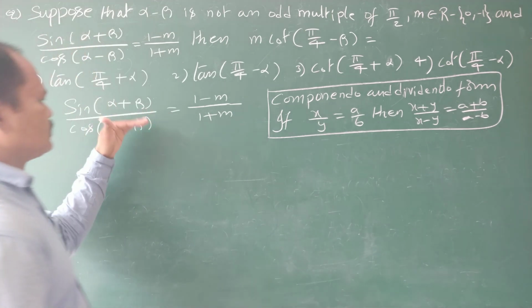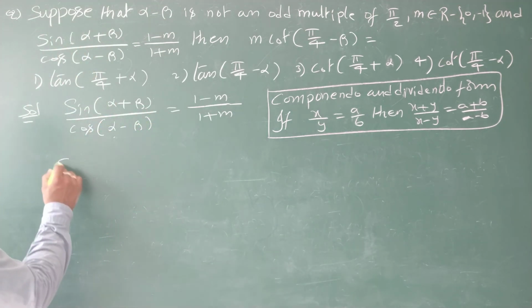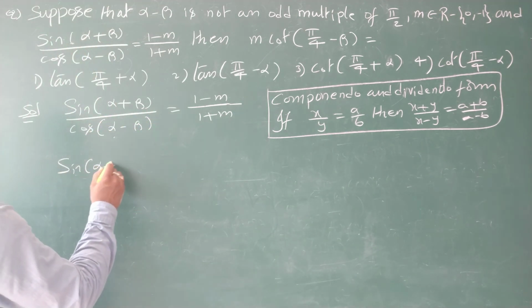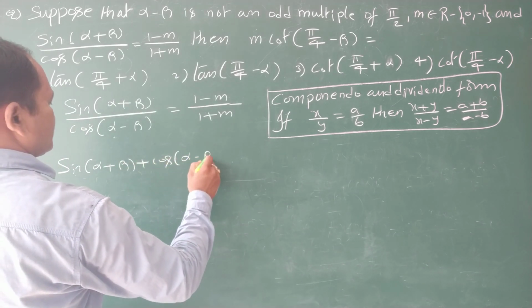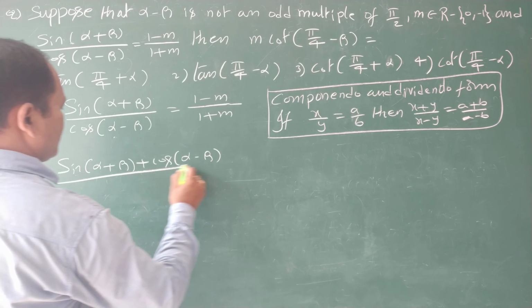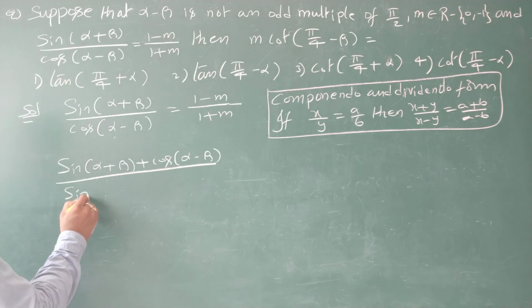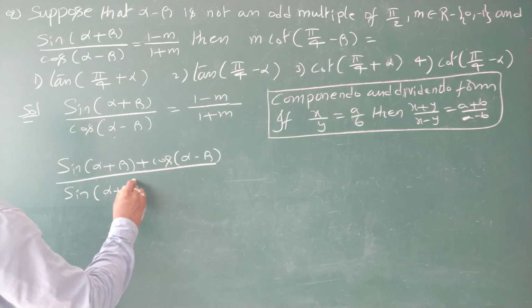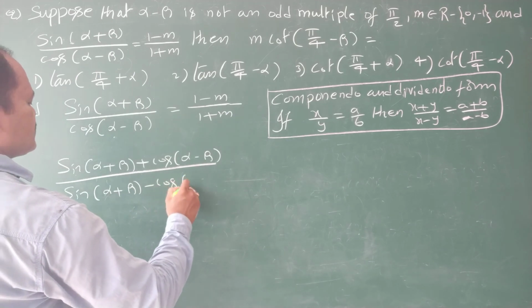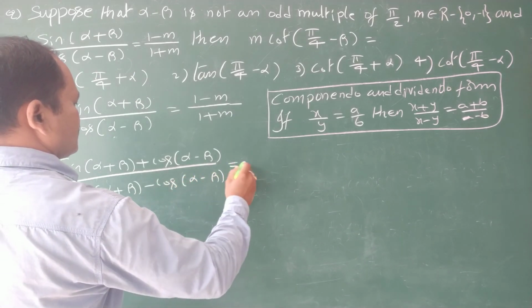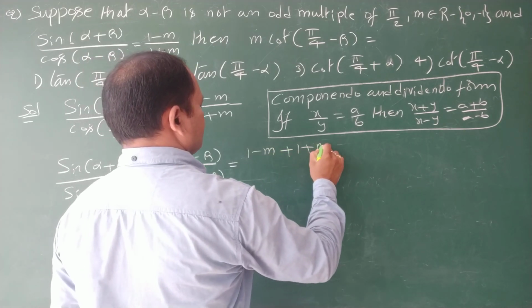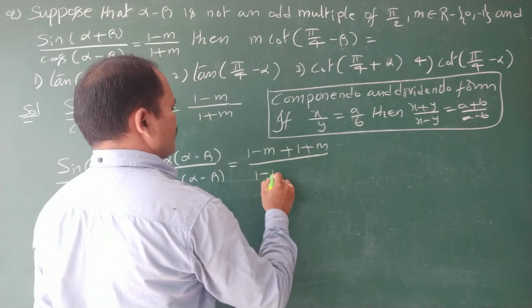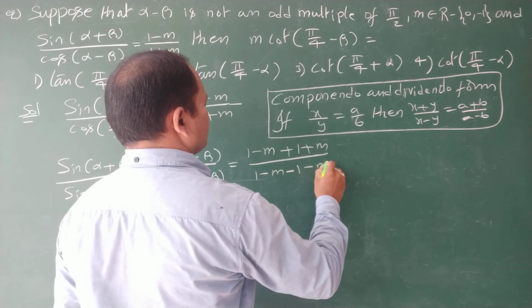So according to that, we write: (sin(alpha plus beta) plus cos(alpha minus beta)) by (sin(alpha plus beta) minus cos(alpha minus beta)) is equal to ((1 minus m) plus (1 plus m)) by ((1 minus m) minus (1 plus m)).